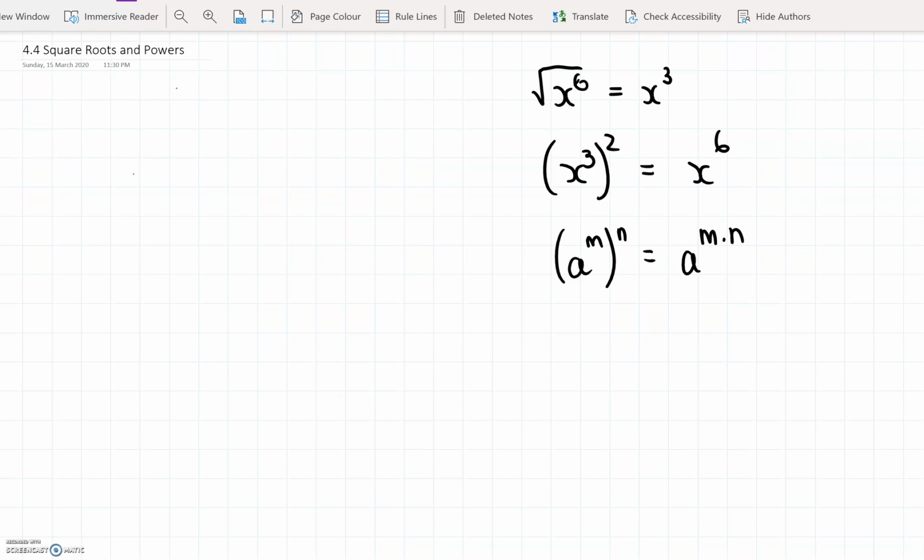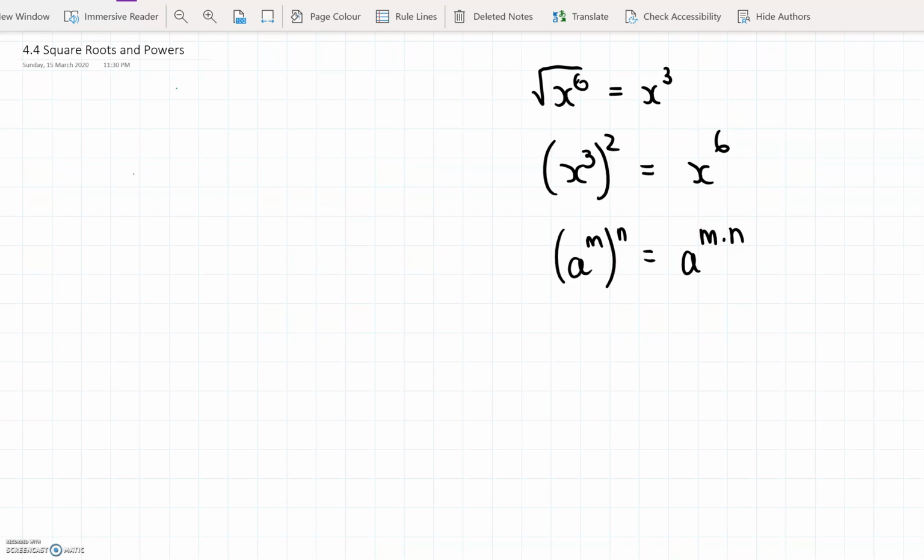Now, I also told you in the past that square roots are actually also a power. We didn't go into more detail with that because we're going to do it now, but a square root is actually an exponent. It's not just a square root, it's actually an exponent. So we're going to look at what that square root is as an exponent.